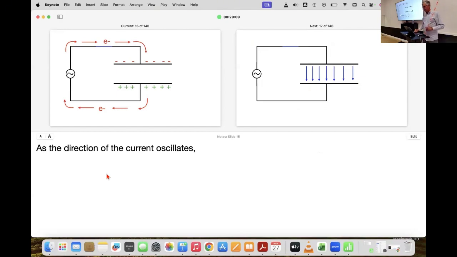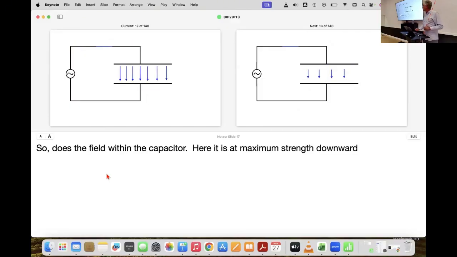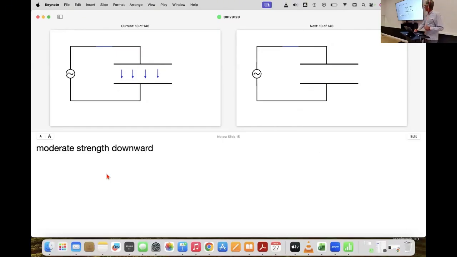And so as the current oscillates, the electric field oscillates. So here it is at, let's say, maximum strength. And then a little bit later, it's of moderate strength. And then it's neutral. And then it shifts and starts going the other way. And then it becomes full strength going the opposite way. So I think you'll see what I'm getting at.